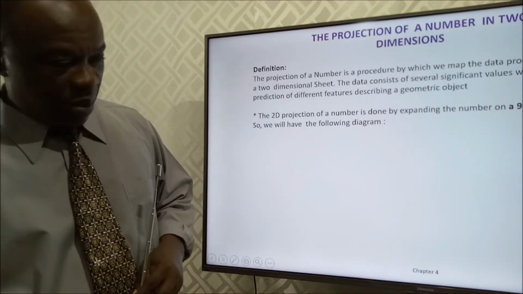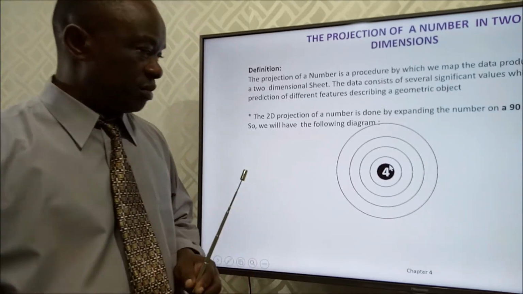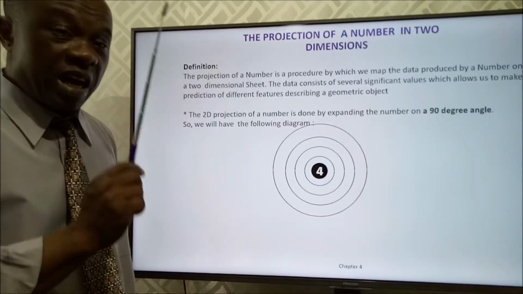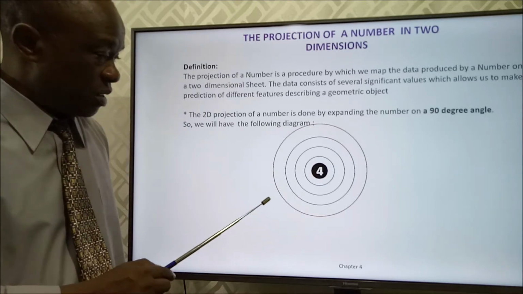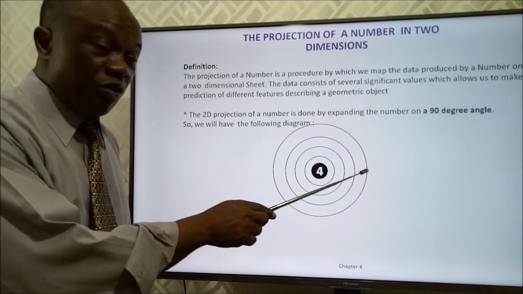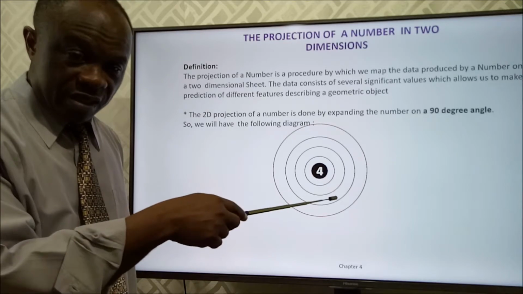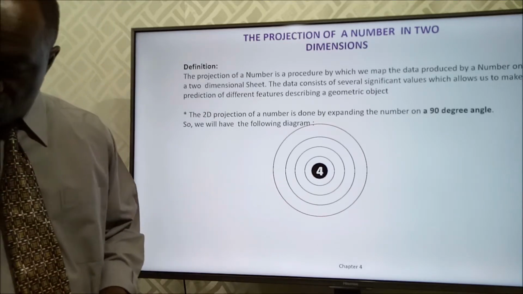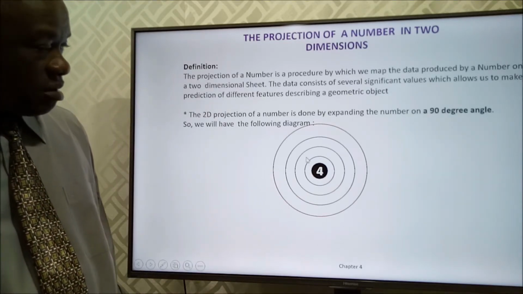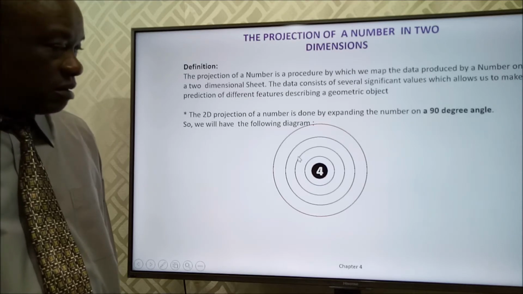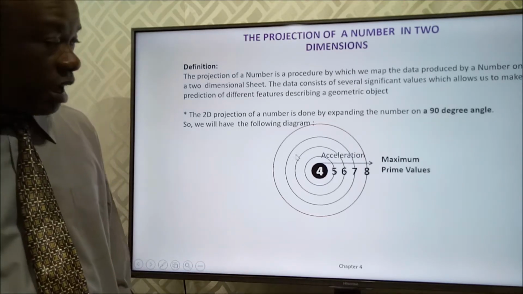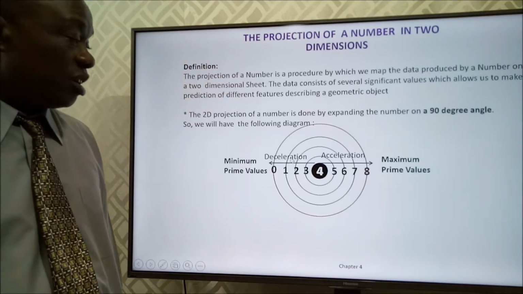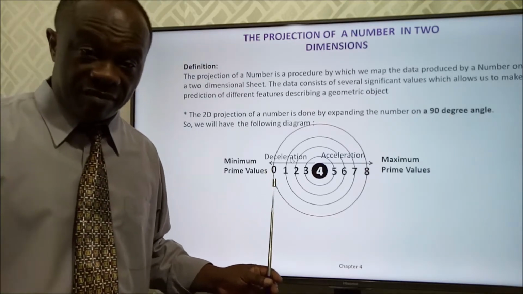So if we have a number like 4, it has 5 levels of variability, as we saw already. So this number will vibrate, and when it vibrates, on one side it will accelerate, and on the other side it will decelerate.